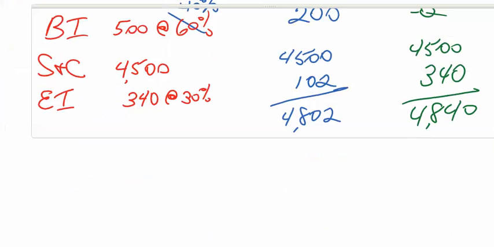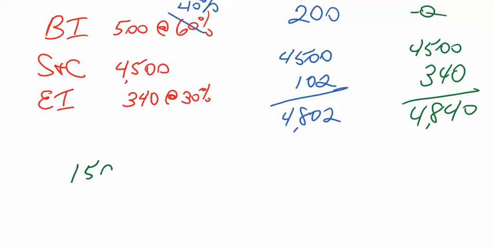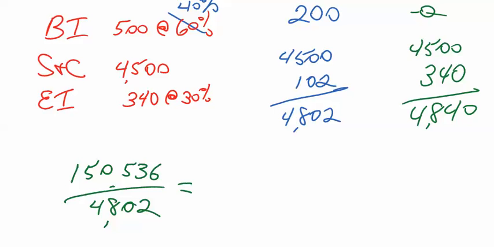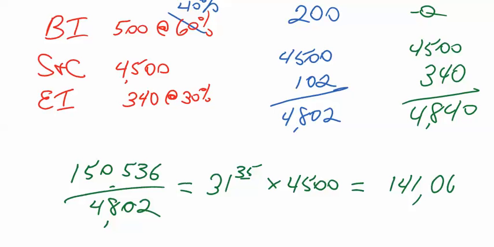So I'll take the 150,536, divide that by the 4,802, my equivalent units, and that's going to equal $31.35. I can multiply that now times my 4,500 units that were started and completed, and I get 141,069. I'm rounding that off.